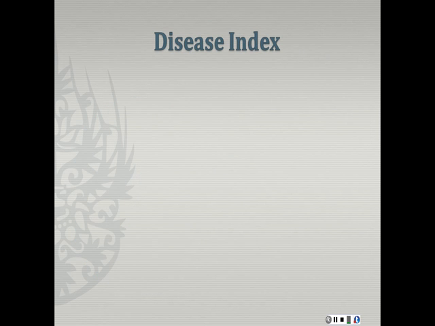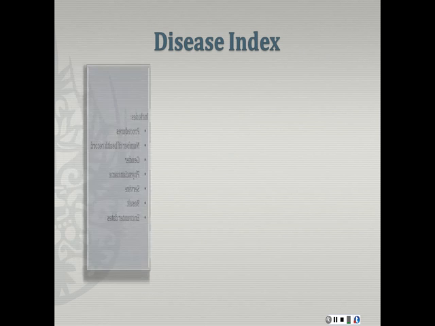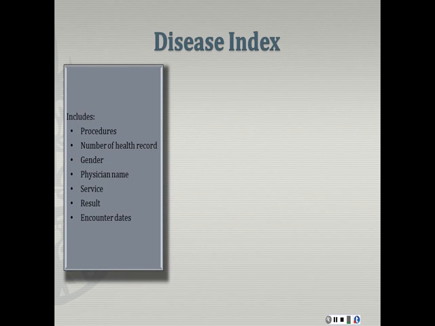Now, the next one is the disease index. The disease index is comprised of those patients who have a specific disease, or in other words, it is made up of all the diseases that have been coded by the facility. Most things are done by the ICD-9 and CPT codes, and that's how they get put into the indexes.